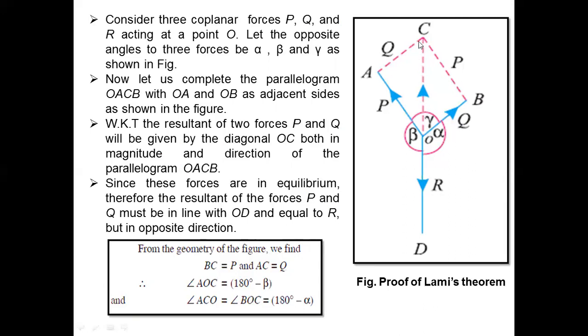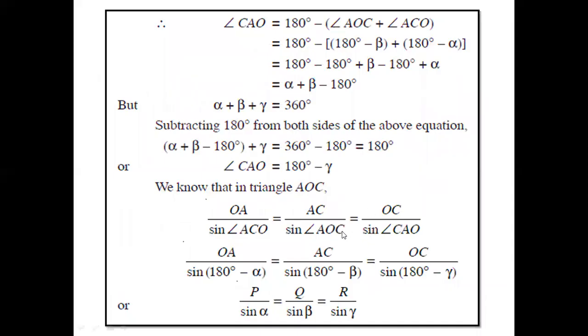this is the third force. What is the opposite angle? This is the opposite angle, which is OC by sine of the angle at A. The angle at A is alpha plus beta minus 180. So that is what we have written here: at OA 180 minus alpha, at AC 180 minus beta, and OC 180 minus gamma.